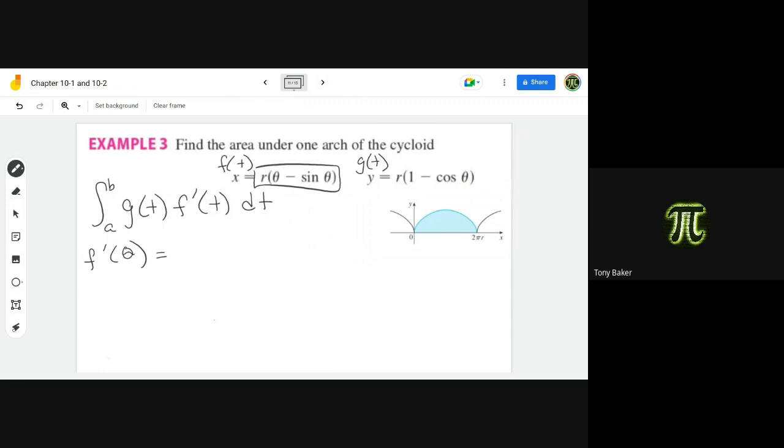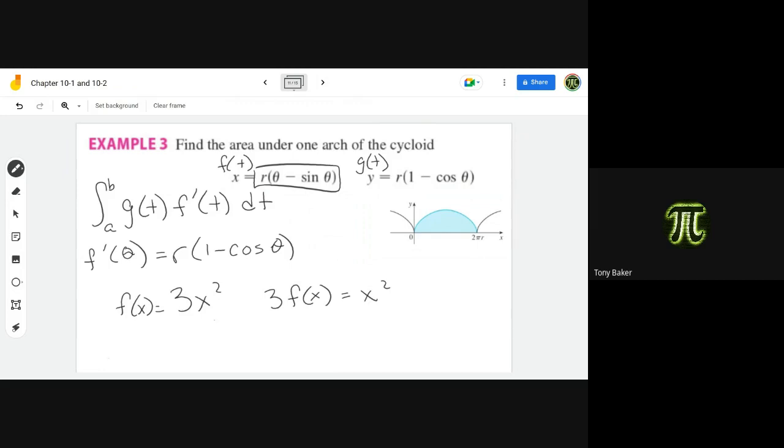So what is that derivative? Yes, and then it's just times r. So it's r times 1 minus cosine theta. Because remember, if I'm doing a derivative, if I had 3x squared, I can say that's the same thing as saying 3 times f of x, where f of x is x squared, and do the derivative of x squared and just multiply it by 3.